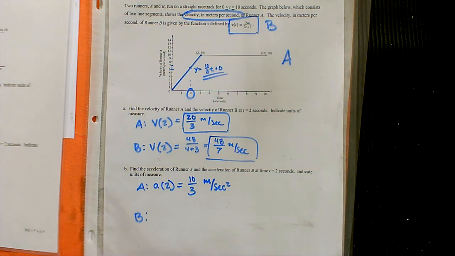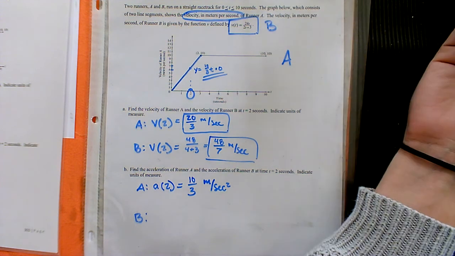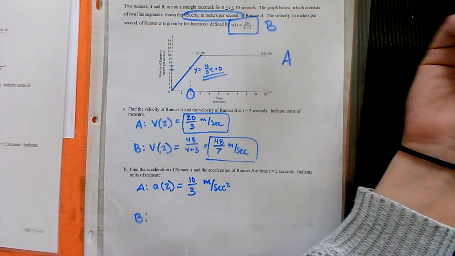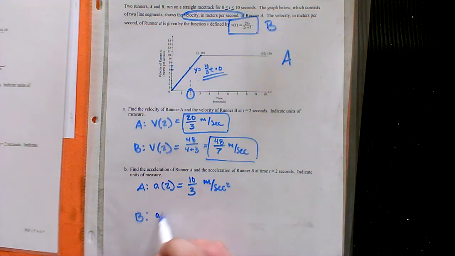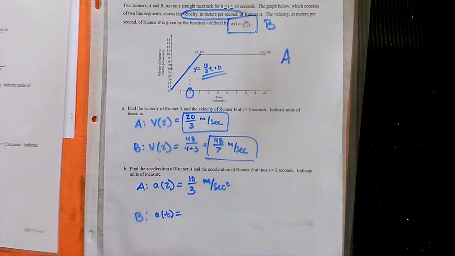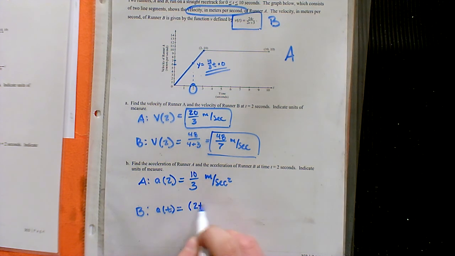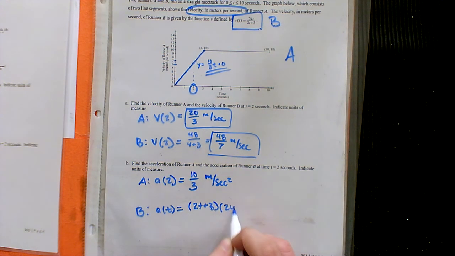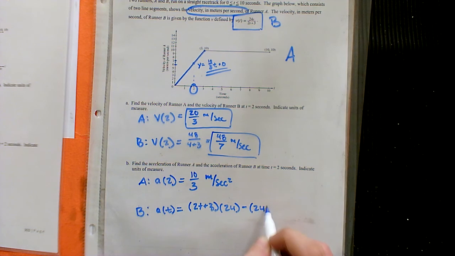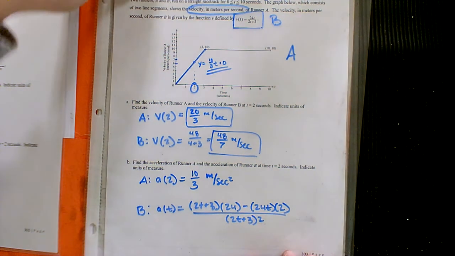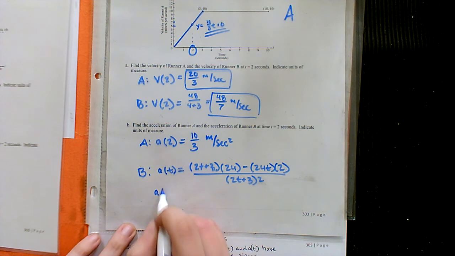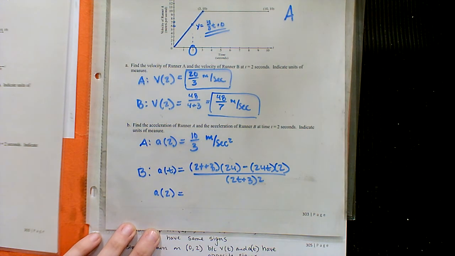All right, now for runner B, we have an equation to go off of. So if we want the slope of velocity, in this case we're going to have to do a derivative to get our slope. We'll do this one by hand. Okay, we'll do our product rule. So we'll have low d high minus high d low, square the bottom, and we're good to go. All right, now we got to plug in 2.